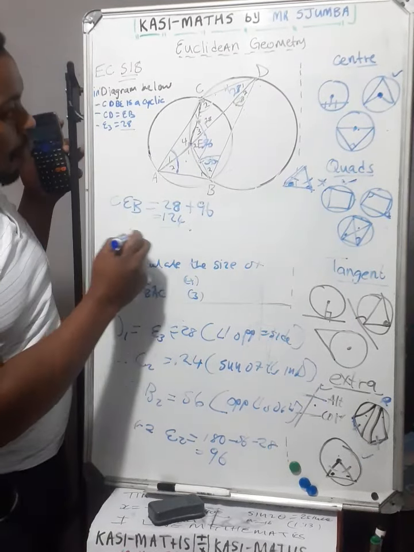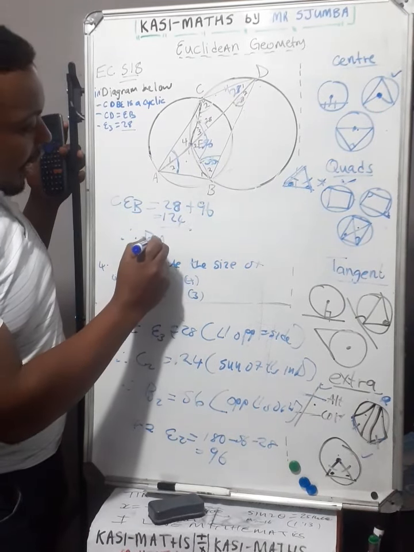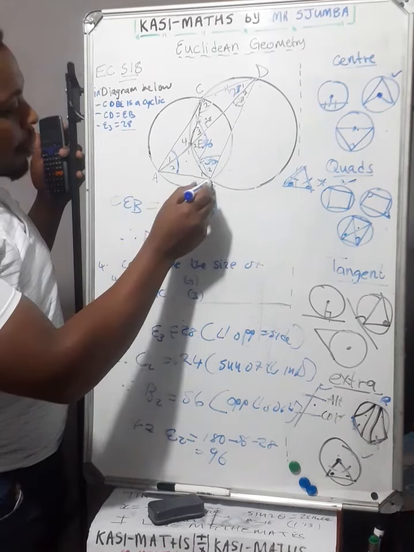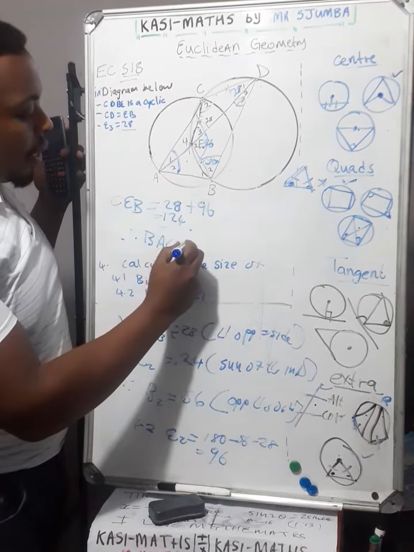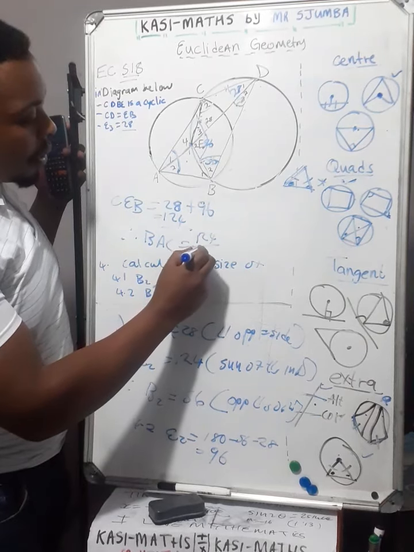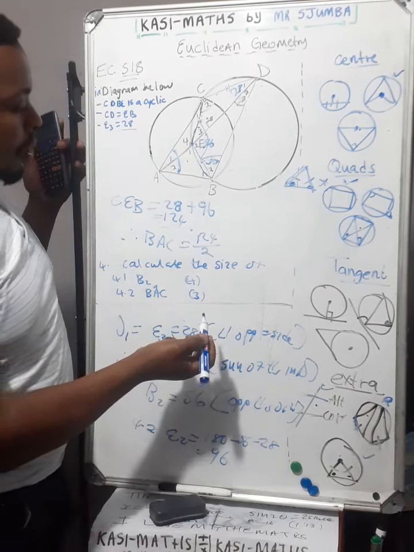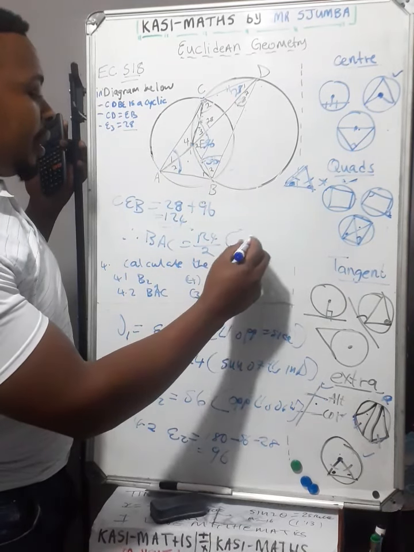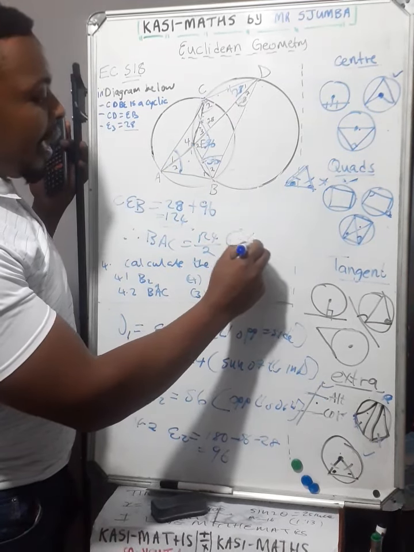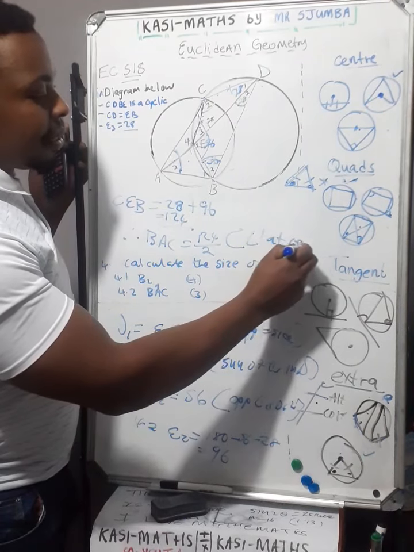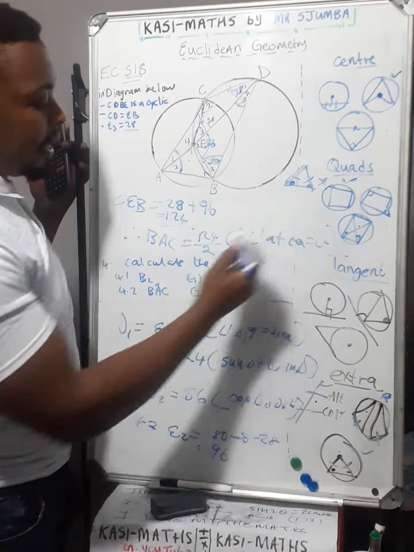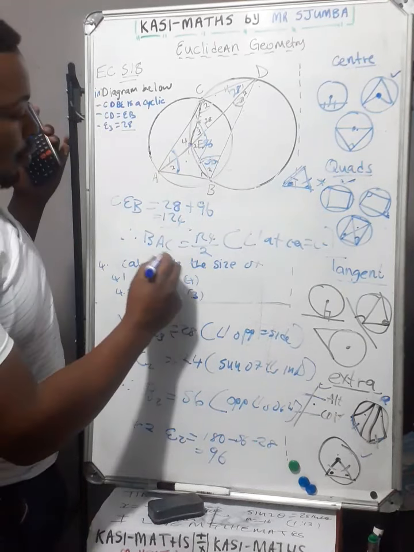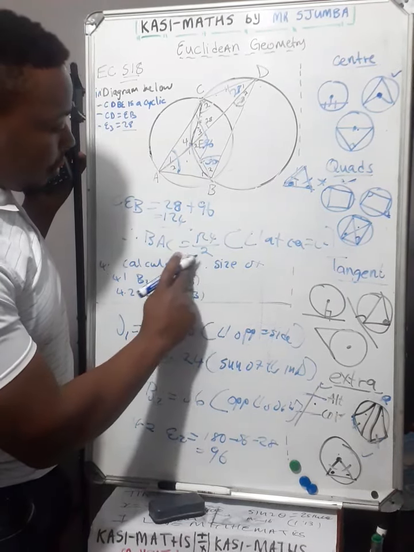Therefore, BAC, the whole of BAC, will equal 124 divided by 2. The reason is the angle at the center is equal to twice the angle at the circumference. So now we divide by 2 because BAC will equal 62.